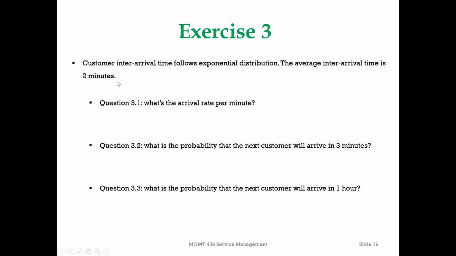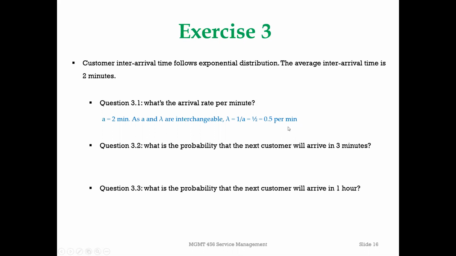We know A and lambda are interchangeable, so if we know the value for A, we can calculate lambda. Lambda equals 1 over A, which is 1 over 2, so 0.5 per minute. The arrival rate is 0.5 customers per minute.